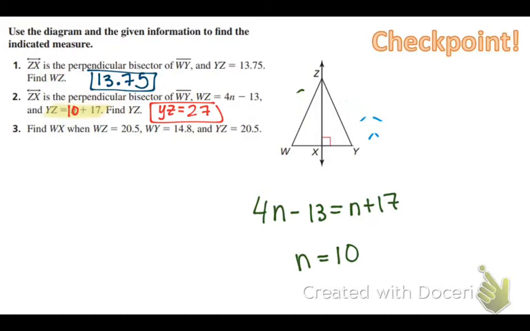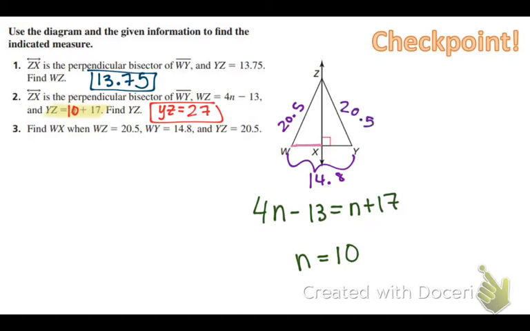All right, and then our last problem, it said to find WX if WZ is 20.5, WY is 14.8, and YZ is also 20.5.